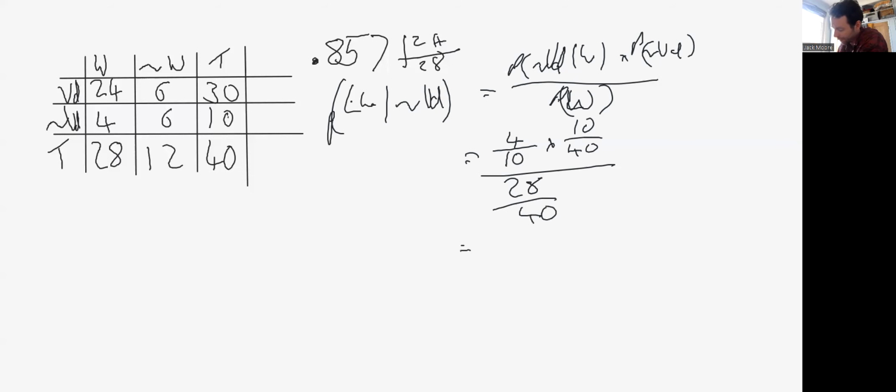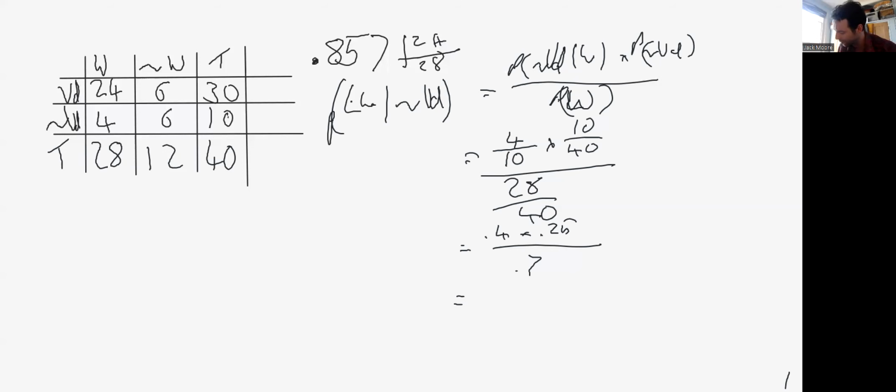4 over 10 is 0.4. 10 over 40 is 0.25. Then 28 over 40 is 0.7. So the maths: 0.4 times 0.25 equals 0.1.